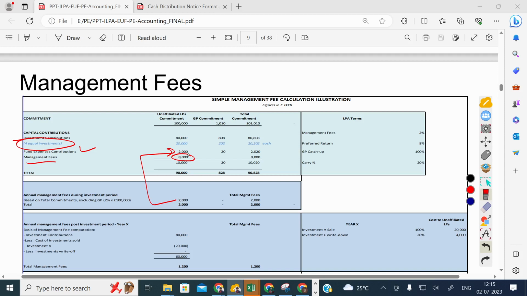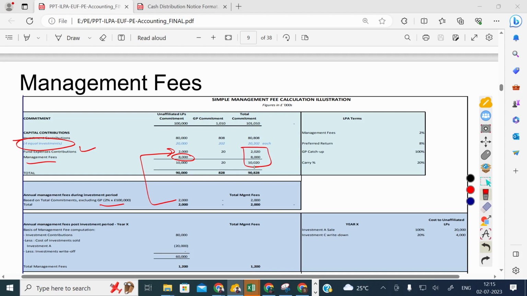Why 10,000? Can you calculate 2% on 1 lakh? Quick. It should be 2,000 for the investment period. But why is it 8,000? Total fees, total expenses 10,020.